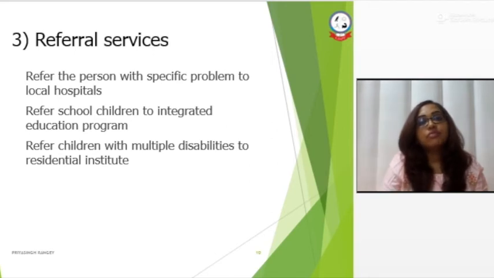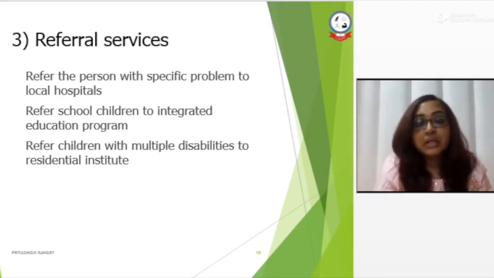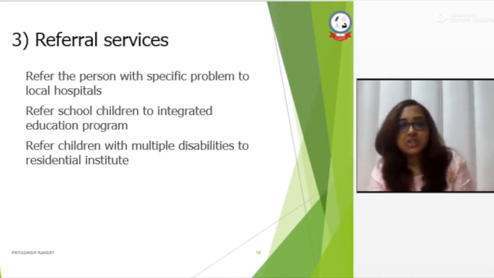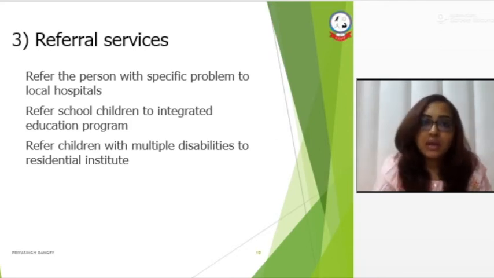We can also refer the school children to integrated education program, which usually is being undertaken nowadays in the schools, that we see not special education but integrated education, so that even the children who have special needs can study or get themselves educated along with children who seem to be normal. We can refer the children with multiple disabilities or with severe disabilities to residential institutions where they can get more help that they require.